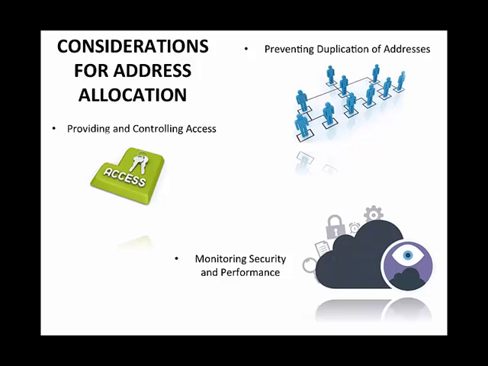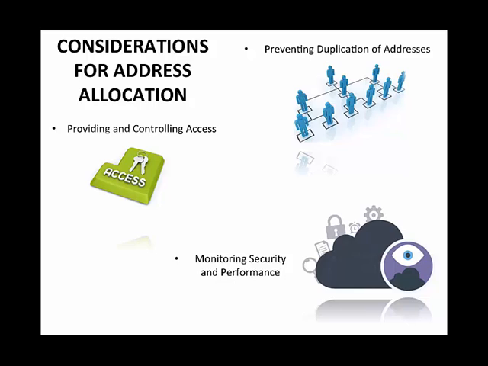So first, 3 main considerations: preventing duplication of addresses, so each host can have a different address to avoid issues on the network; controlling access and also providing access, because if we do not assign the addresses in a certain way, we cannot determine which devices can and cannot access the network because we don't know their address.